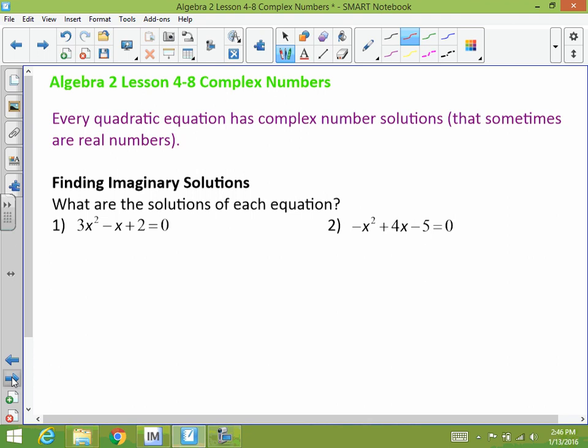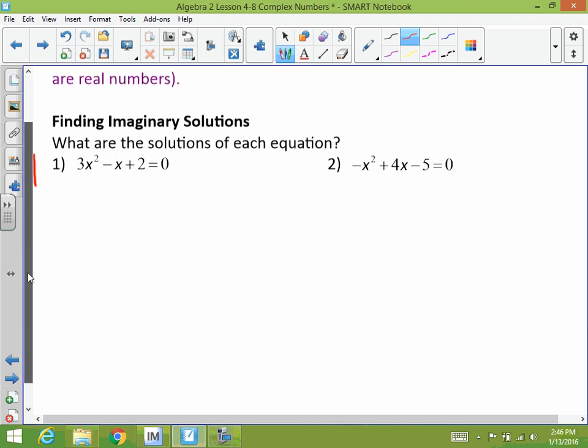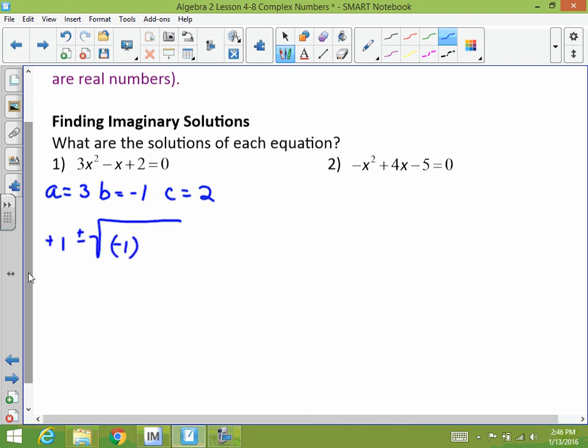If I have 3x squared minus x plus 2 equals 0, if I'm going to solve this, I'm going to use the quadratic formula again because that's the easiest way to solve things. So a equals 3, b equals -1, and c equals 2. So negative b, negative 1 is positive 1, plus or minus the square root of b squared, -1 squared, minus 4 times a times c, all divided by 2a.